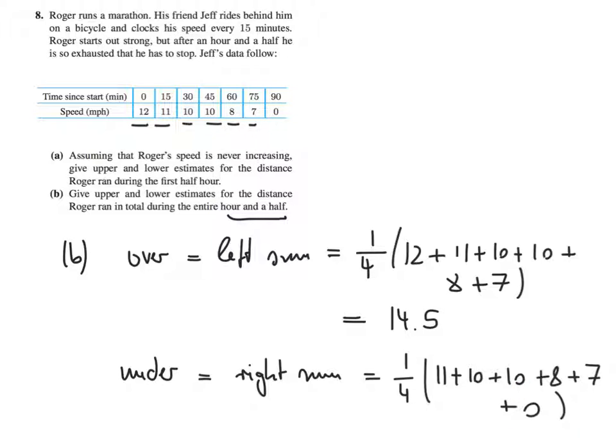It's 0 because that's when he actually stops after 90 minutes, but it does not mean that his speed was 0 the whole last 15 minutes that he ran. If we calculate this, we get an underestimate of 11.5 miles.